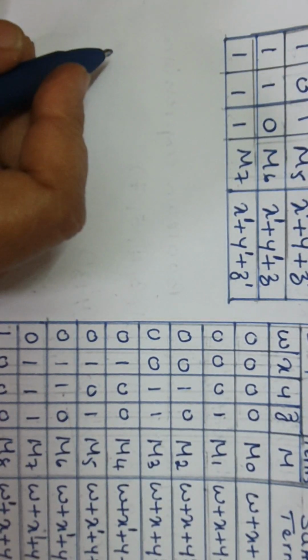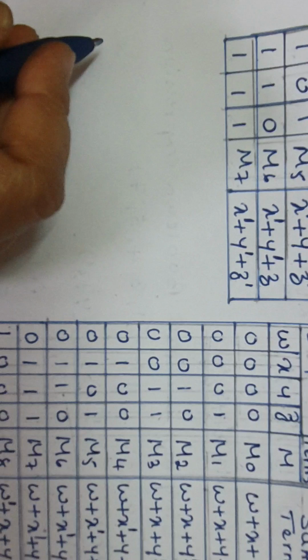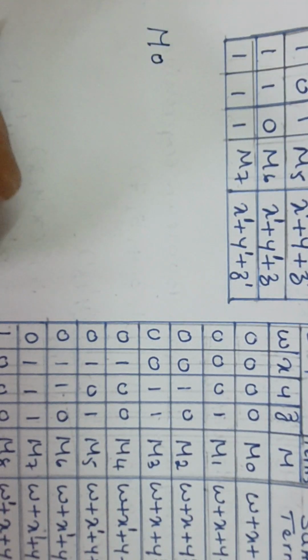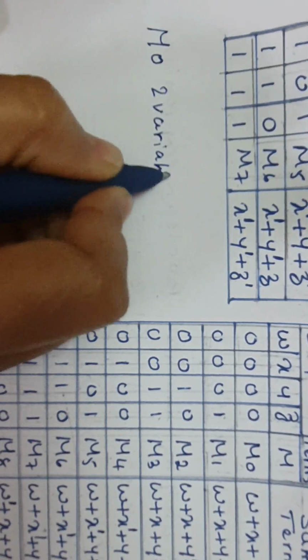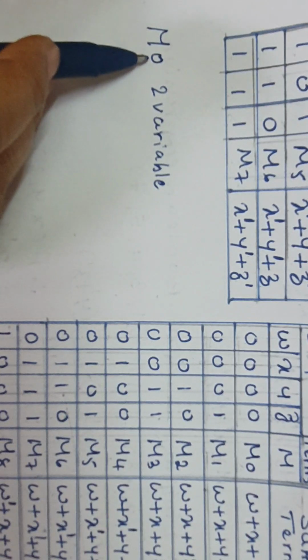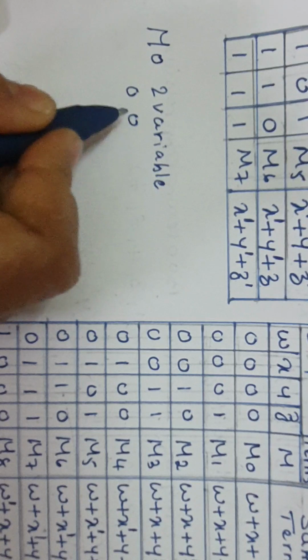Next, certain queries we will solve now. Small queries, but small queries which are needed to solve bigger problems. So if you take m0, this is a max term in a 2 variable system. So x, y if you take as inputs, what is m0 in a 2 variable system? m0 means in a 2 variable system both are 0, 0.